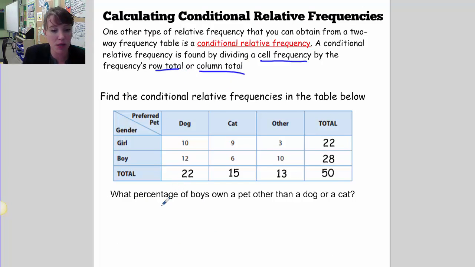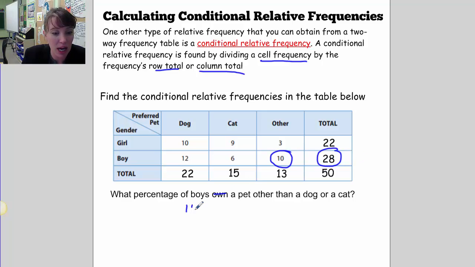So for instance, this could be a question like, what percentage of boys prefer a pet other than a cat or a dog? Okay, so out of all the boys, there's 28 boys. How many of them prefer something other than a cat or a dog?